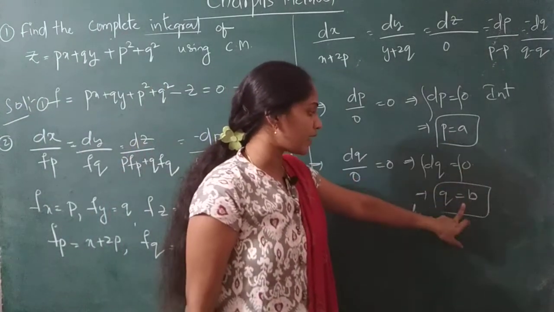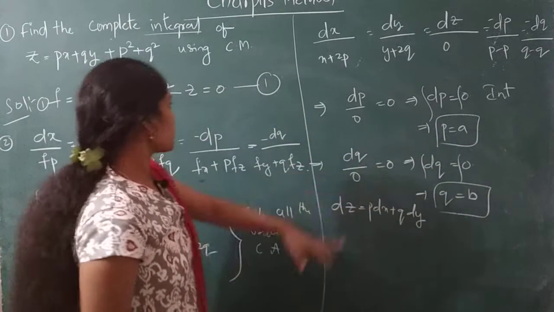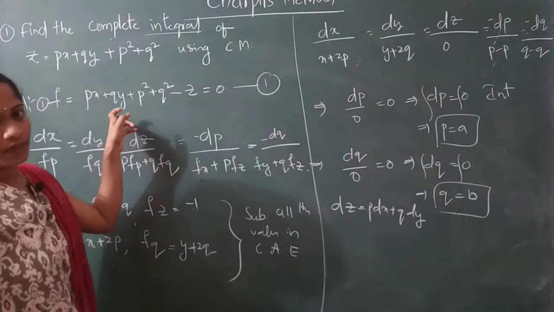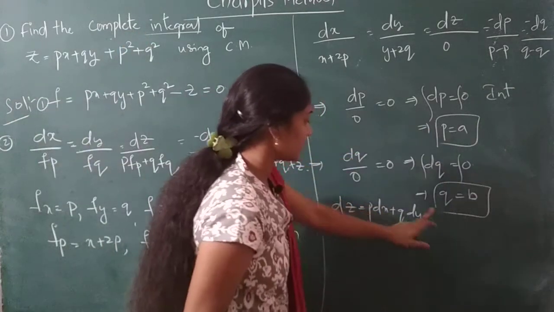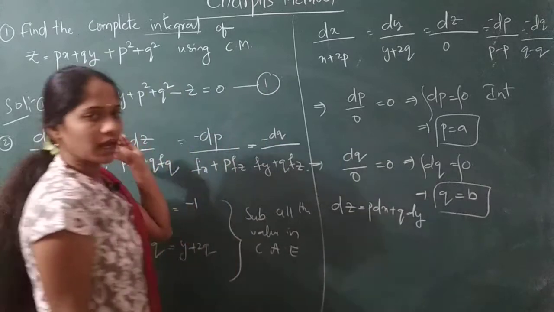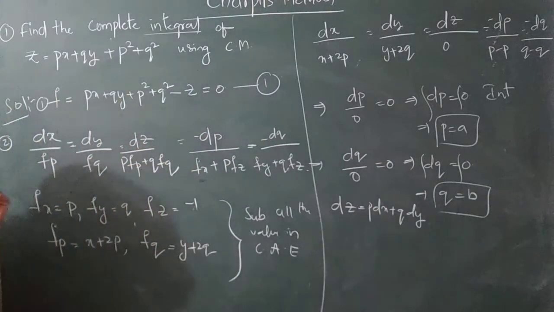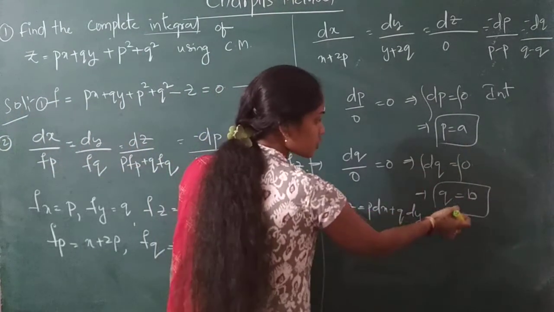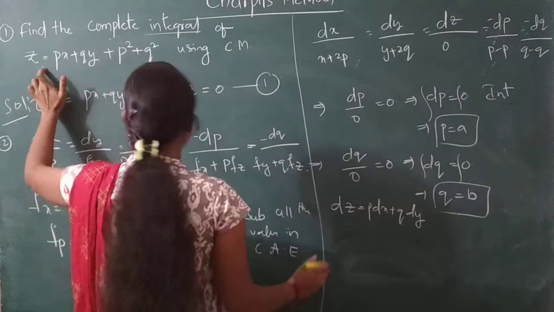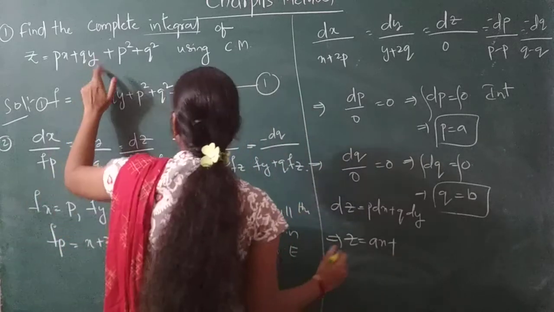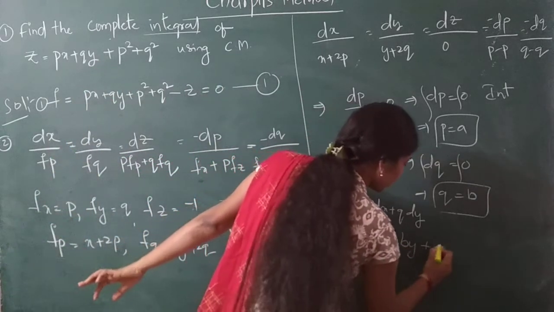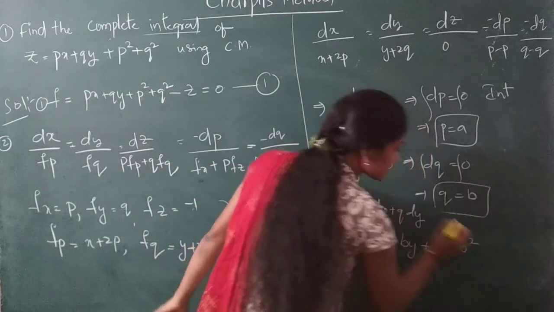After finding the values of p and q, you can substitute both values here because you are finding the complete integral. You can substitute these two values either here or there. Let's see what happens. If I substitute the p, q values here, z is equal to ax plus by plus a square plus b square, some constant.